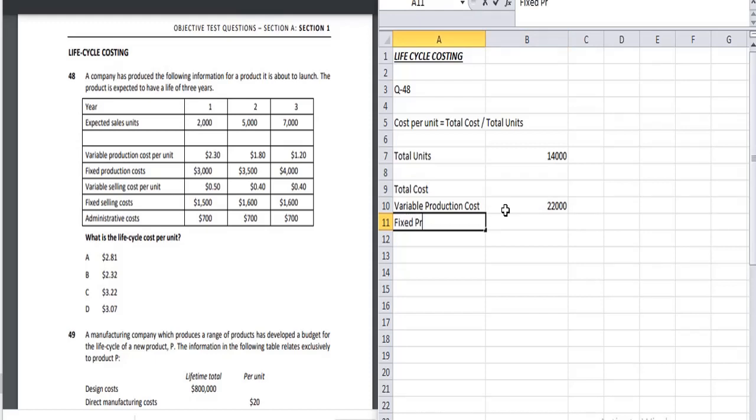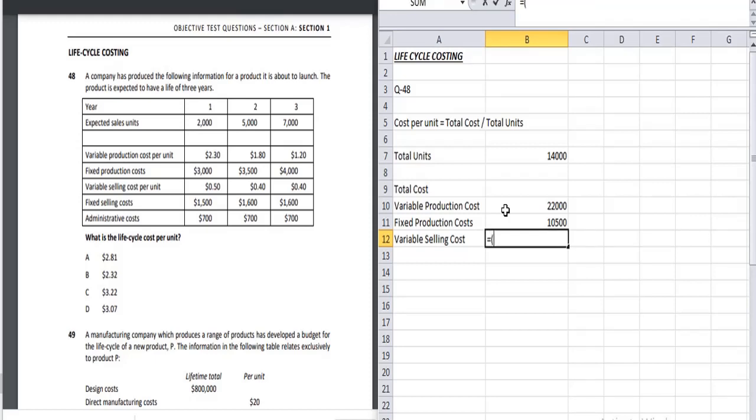Fixed production cost. It's given in total, we don't have to multiply it by the units. So 3500 plus 4000, and we got our total fixed production cost as well. Now it's time to get the variable selling cost, also given per unit.